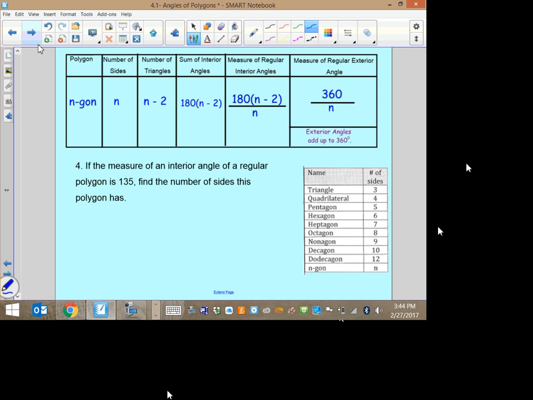So going in reverse here, if the measure of an interior angle of a regular polygon is 135 degrees, find the number of sides. So using the measure of a regular interior polygon formula, we can set 135 equal to 180 times n minus 2 divided by n. We'll get 135n equals 180n minus 360.